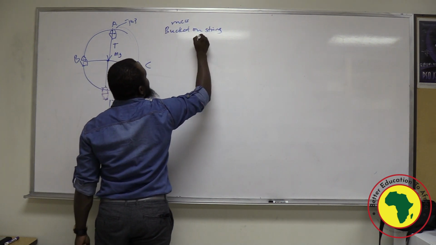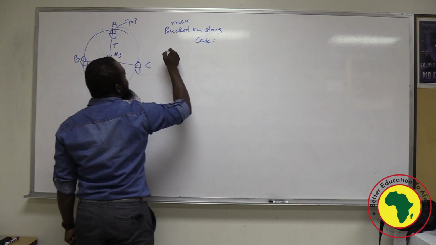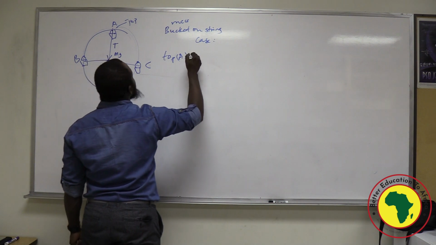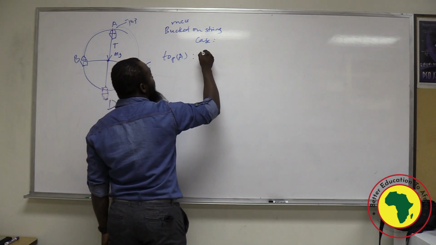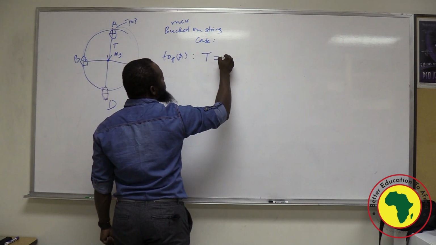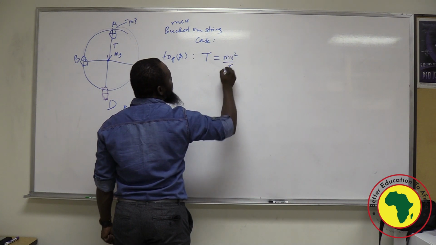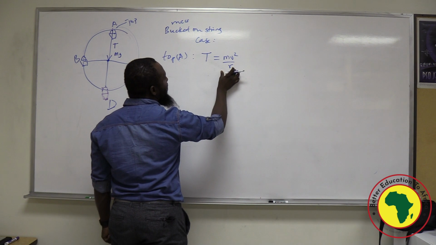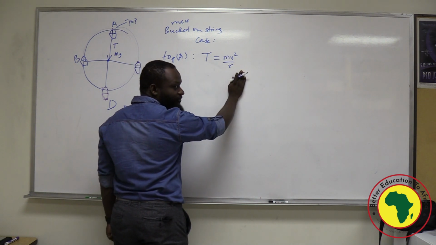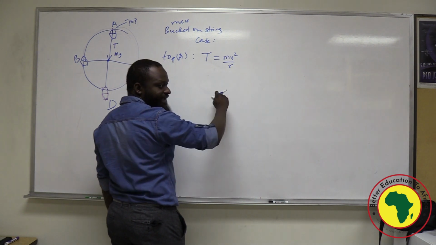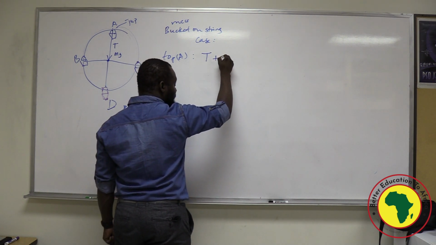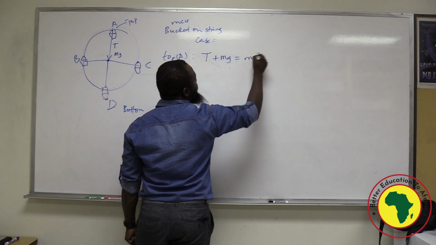At the top, point A, I have that the tension is mv squared over r. But the tension is not the only thing providing the centripetal force. The weight is also adding to it. So the tension plus the weight is mv squared over r at the top.